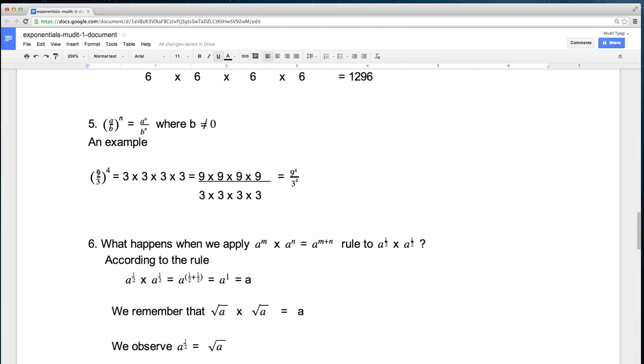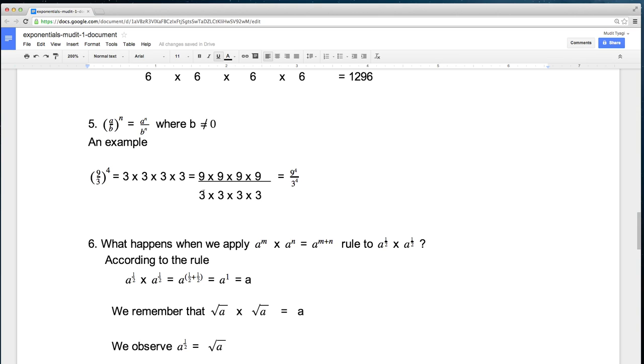But let's take a look at an example. So we have 9 divided by 3 to the power of 4. And if you think about it, this 9 divided by 3, that's a 3 raised to the power of 4. So that's just 3 times 3 times 3 times 3. But you can apply the rule. According to the rule, 9 divided by 3 raised to the power of 4 should be 9 times 9 times 9 times 9, divided by 3 times 3 times 3 times 3.